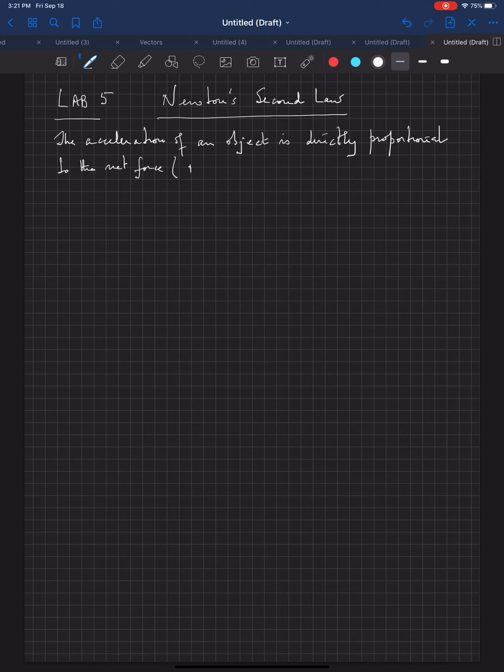I'll put down here what I mean by net force. F net is the sum of all the forces acting on the object, and inversely proportional to its mass.